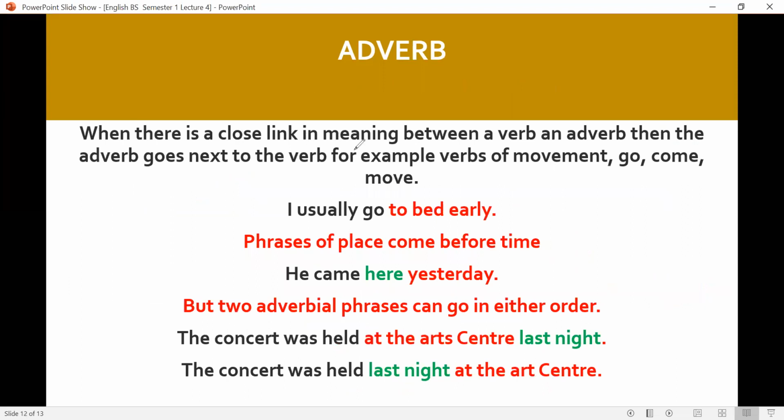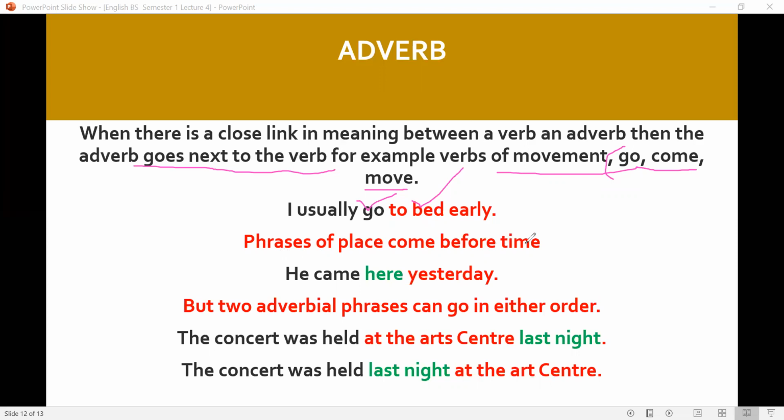When there is a close link in meaning between verb and adverb, then the adverb goes next to the verb. It is placed next to the verb. Like verbs of movement: go, come, move. With these kinds of verbs, the adverbs will be placed right after them. I usually go to bed early.